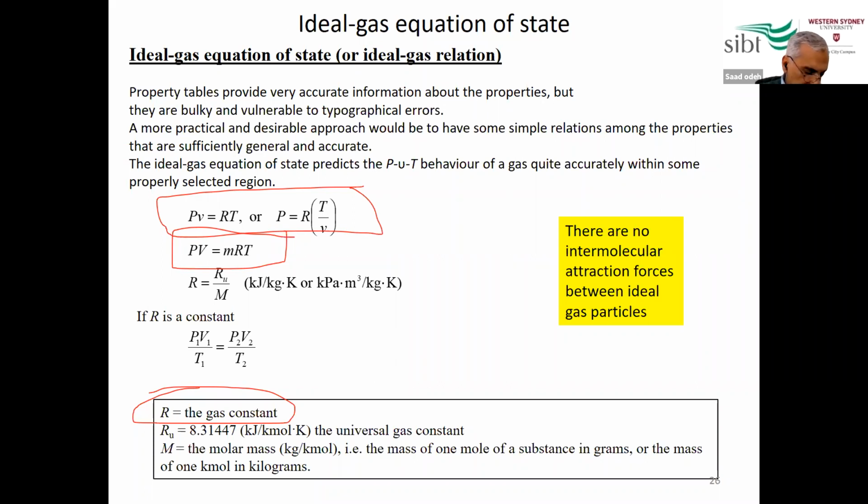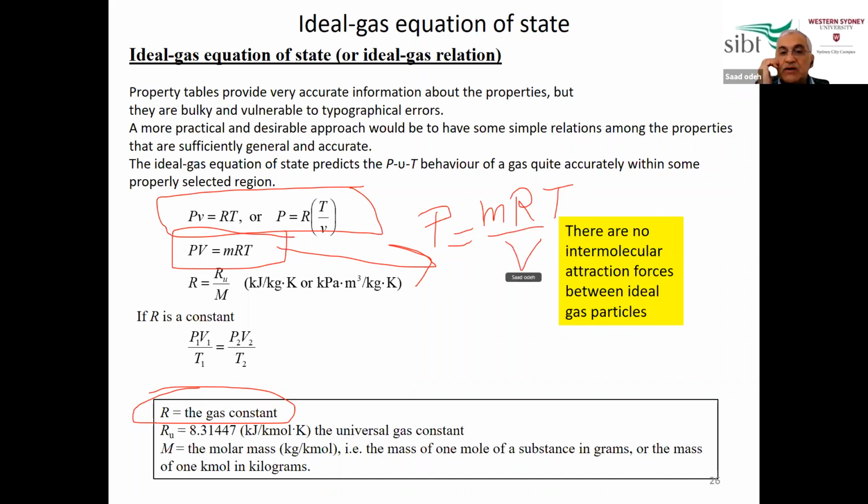Then if you have, let's say, P unknown, you need to find P. So from this equation, P is equal to mRT, temperature, divided by the volume. So you can find the pressure of the gas.